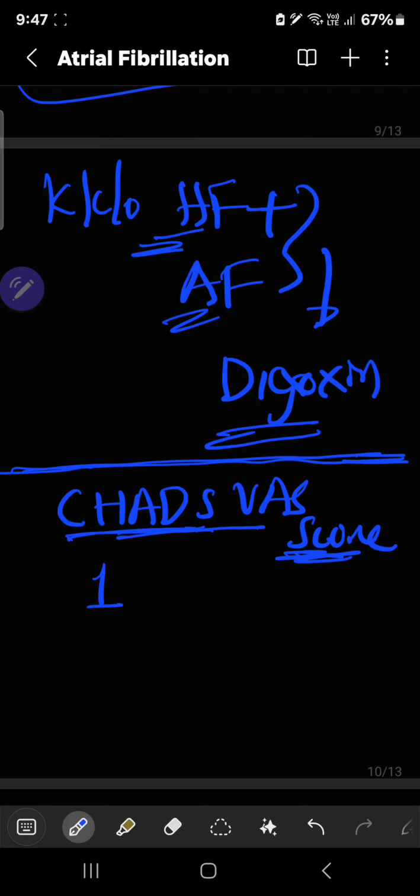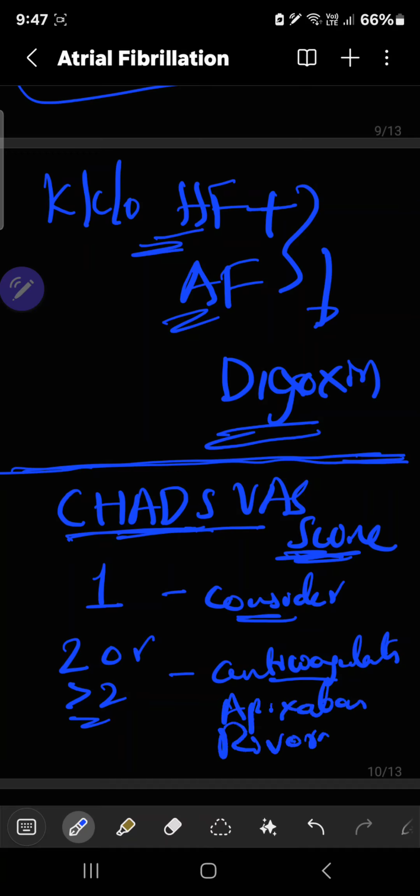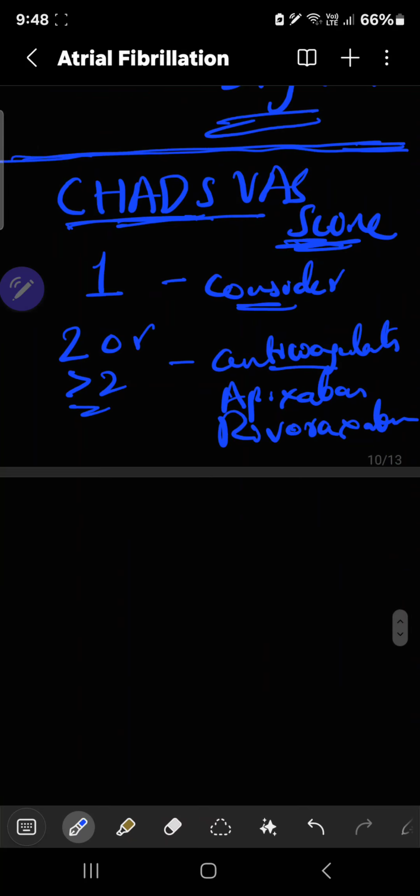If the score is 1, you have to consider giving anticoagulants. If the score is 2 or more than 2, definitely you have to give anticoagulants like apixaban, rivaroxaban, right? And there is one more scoring called the ORBIT score.